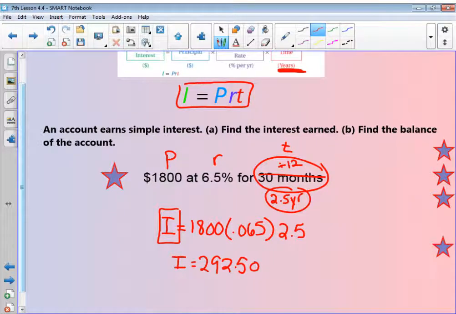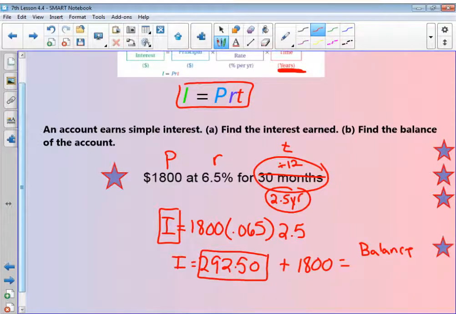Okay, now if they wanted us to find the balance, we're going to add our interest plus our principal, what we originally had, which was $1,800. That's going to give us our balance. So 292.50 plus 1,800.